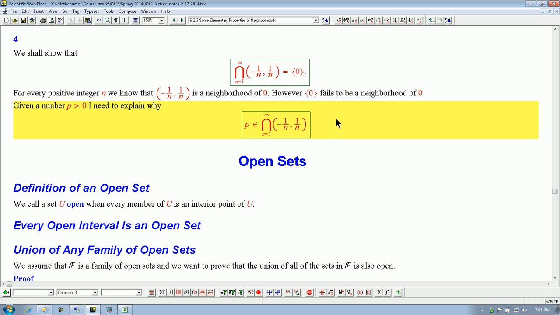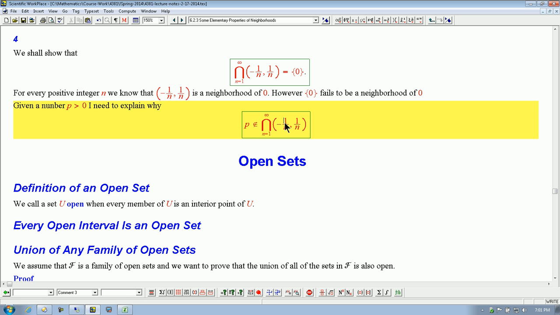Do you understand what I'm saying? I'm trying to tell you that this intersection contains no numbers other than 0. 0 it certainly contains. I hope you know that 0 always belongs to that. Yes? So 0 is in every one of those intervals. So 0 is in the intersection.